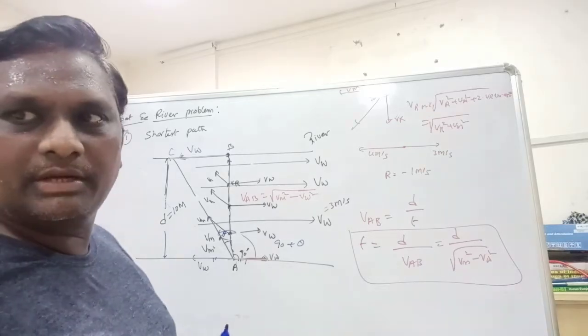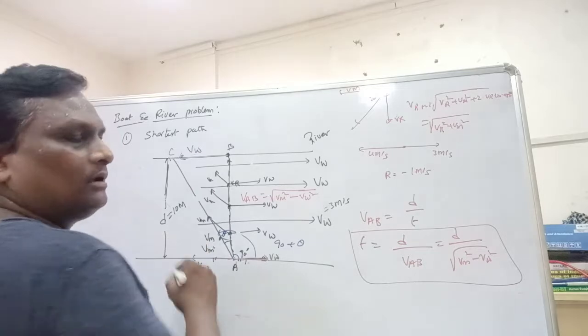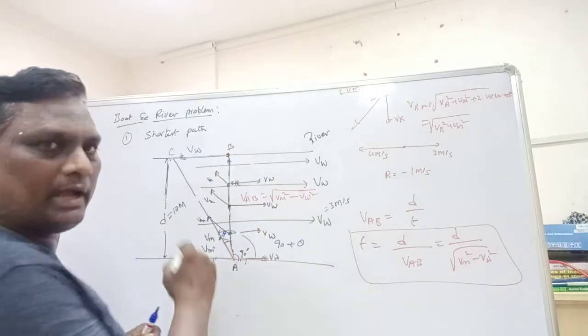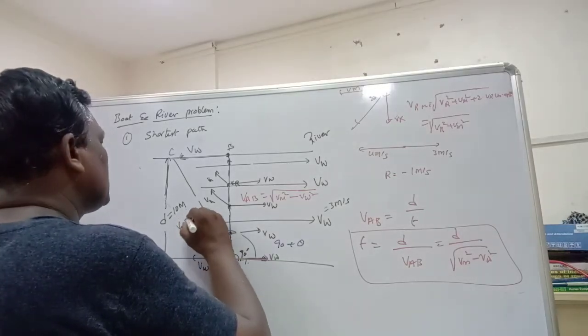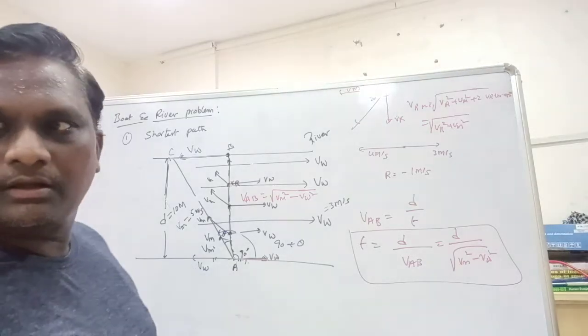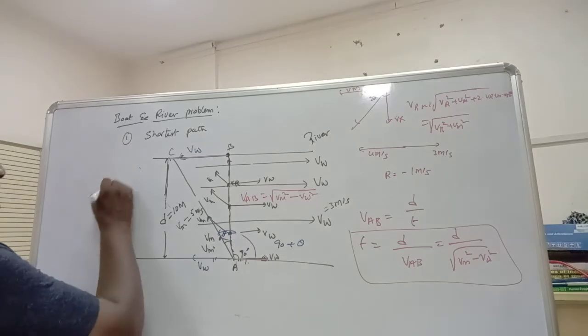And the man is swimming. The man wants to reach exactly the opposite bank, and he is swimming with a velocity of 5 meters per second.